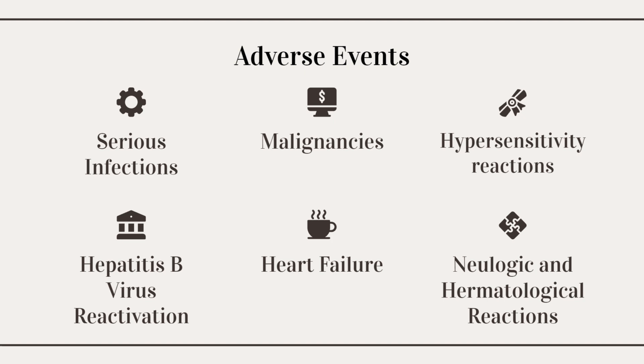Fifth, cases of worsening congestive heart failure and new onset of congestive heart failure have been reported with TNF blockers. Also, it's been associated with rare cases of new onset or exacerbation of clinical symptoms, including multiple sclerosis, optic neuritis, and peripheral demyelinating disease, including Guillain-Barré syndrome. Also, cytopenia, for example thrombocytopenia or leukopenia.